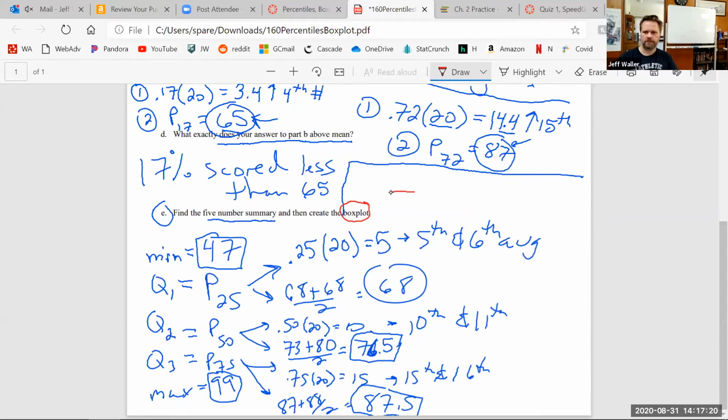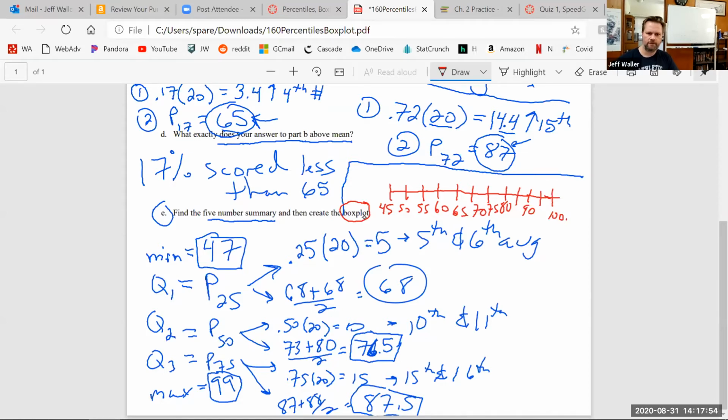I want to go from 47 to 99, so maybe I'll go 45, 50, 55, 60, 65, 70, 75, 80, 85, 90, 95, 100. Let's do every other one. You can certainly give yourself some more room for this.